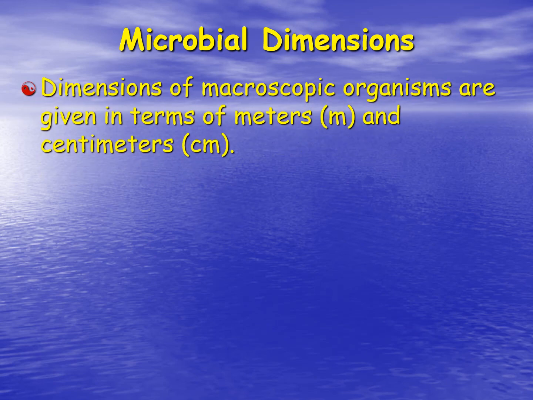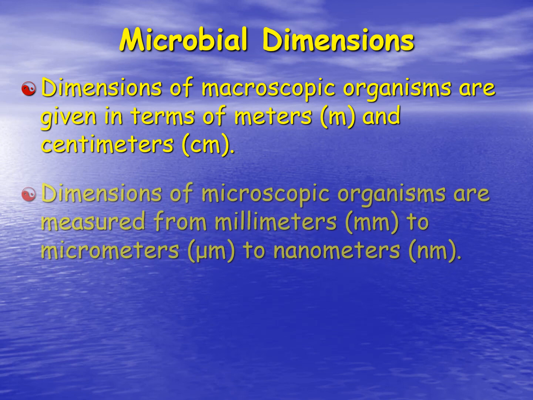Now, in microbiology, size matters. Dimensions of macroscopic organisms are given in terms of meters and centimeters. In science, we operate with the metric system. But because what we're looking at here in microbiology are microscopic, we have much smaller units of measure.